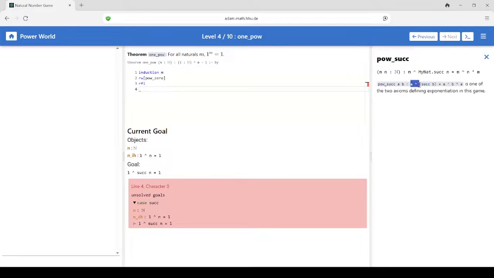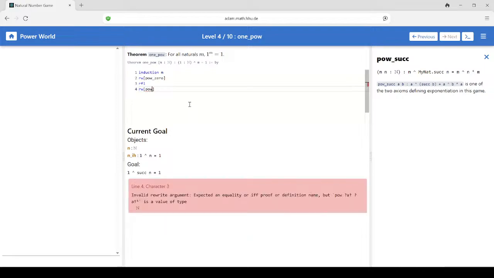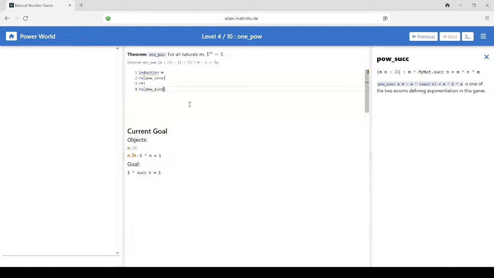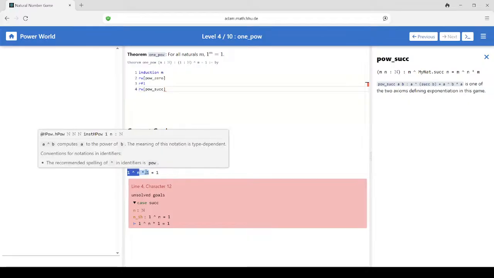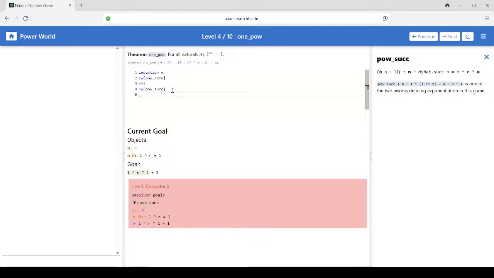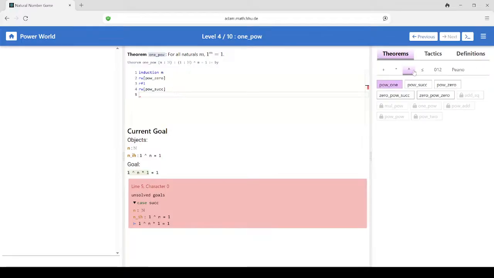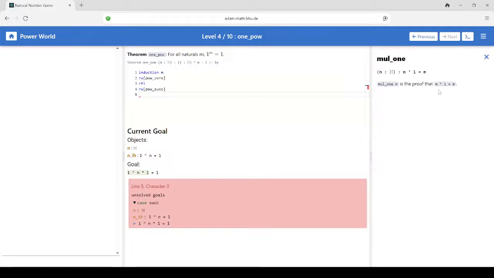Here we go. Anything to the power of the successor of anything. Yeah, we use this one. And we get this. And anything times 1 is 1. Where is it? Multiply 1?